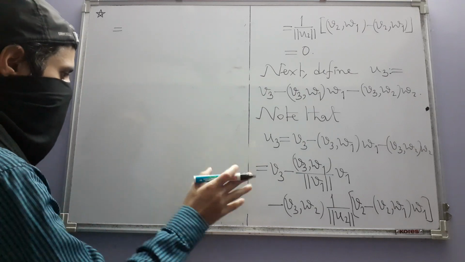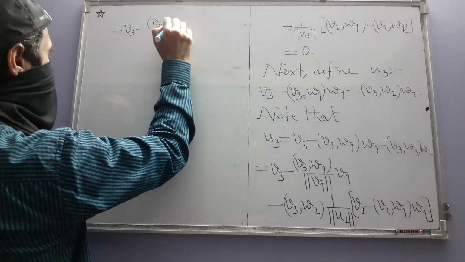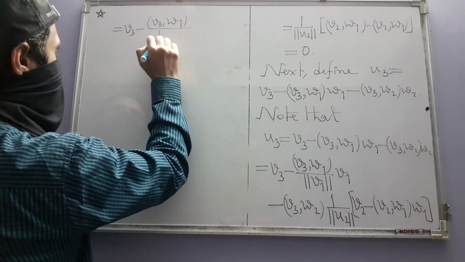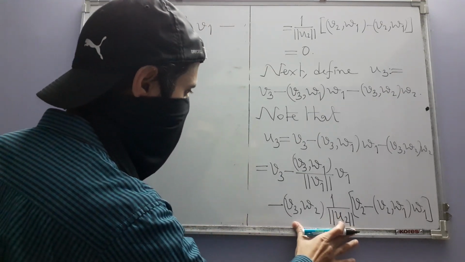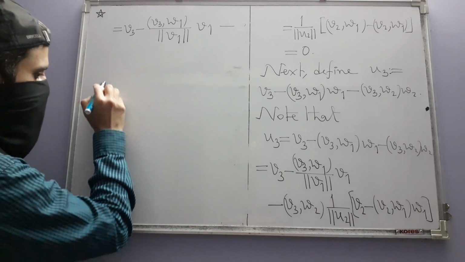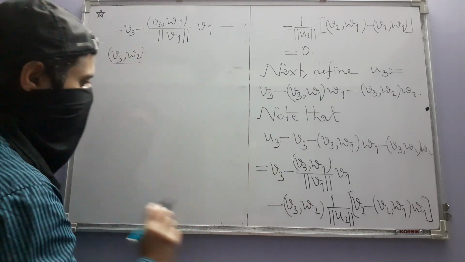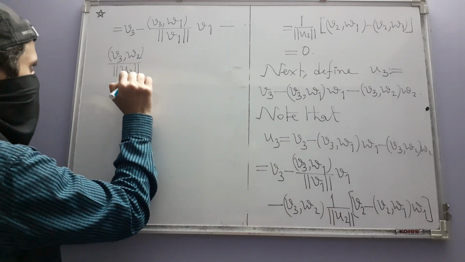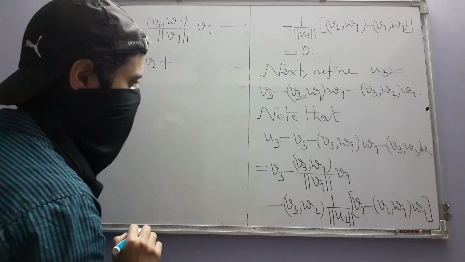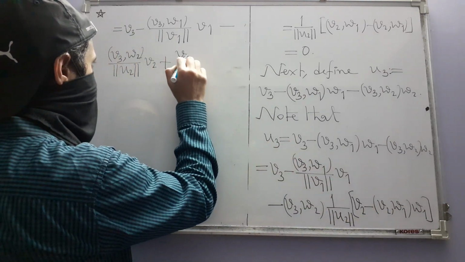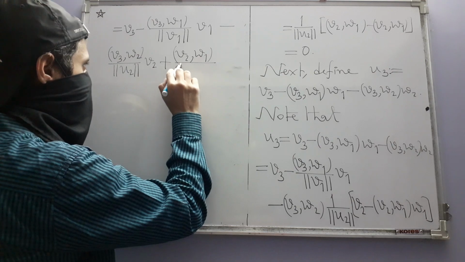Okay, so if we write the things in a somewhat nicer form, ⟨V3, W1⟩ divided by the length of V1 times V1, minus this times this, that is minus, what will it be, ⟨V3, W2⟩, this inner product divided by the length of U2 times V2, minus minus, this one becomes plus ⟨V2, W1⟩ divided by the length of U2.